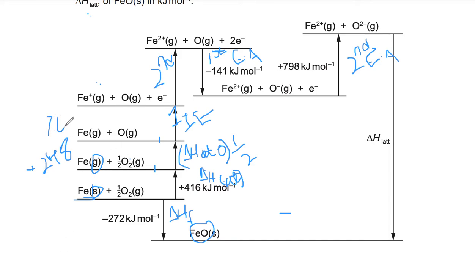So 762 over here and 1560, the second one. And now the first electron affinity is also given and the second electron affinity is also given. Now we just have to calculate it.